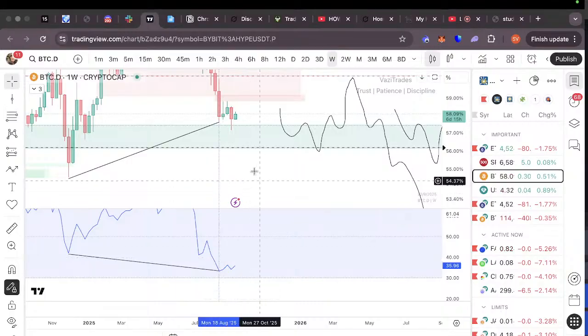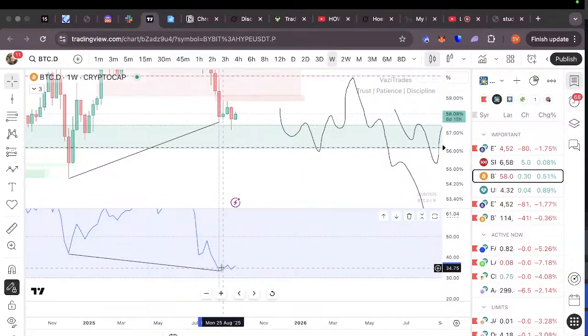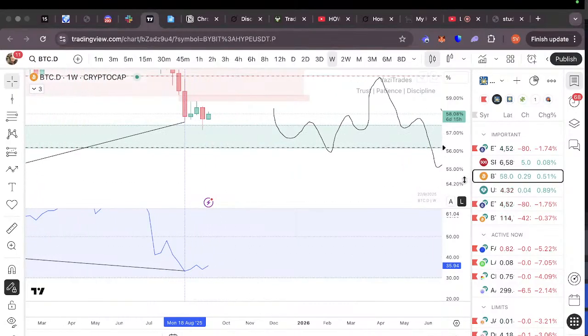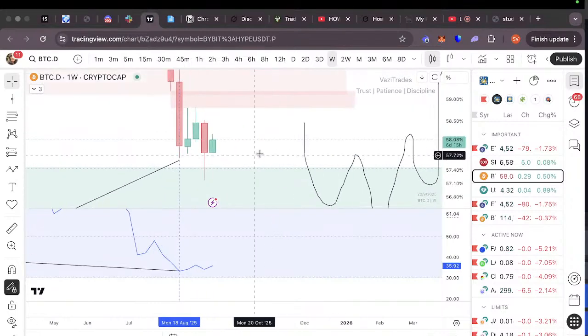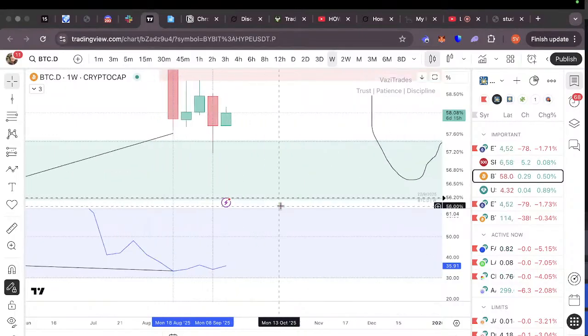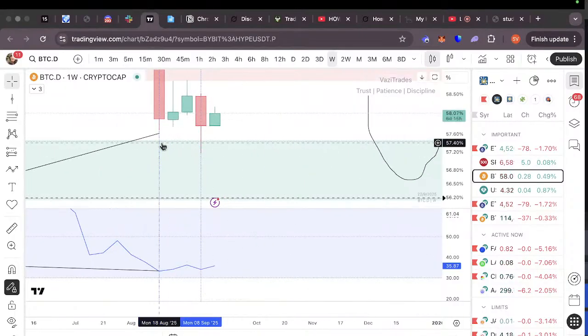Look at the RSI. So this was the bottom on the RSI, August 18. Then price was still dropping and formed another bottom. And look now at this chart. This is interesting actually. September, okay? Look at September 8, this one and this one.